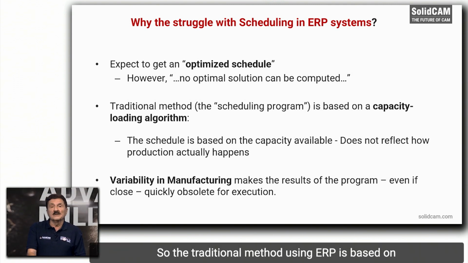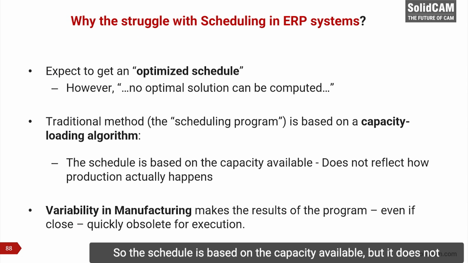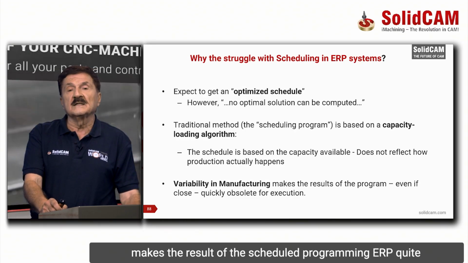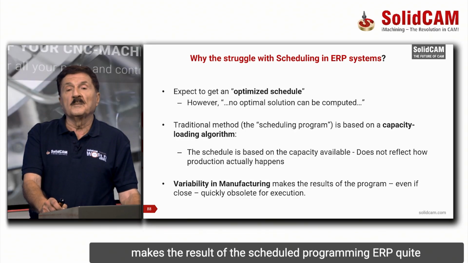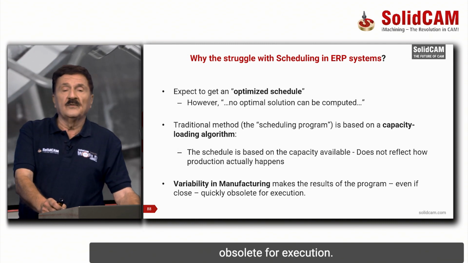The traditional method used in ERP is based on a capacity loading algorithm. So the schedule is based on the capacity available, but it does not reflect how production actually happens. Variability in manufacturing makes the result of the scheduling program in ERP quite obsolete for execution.